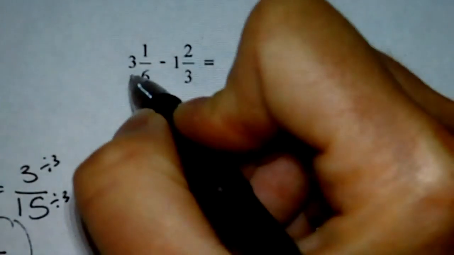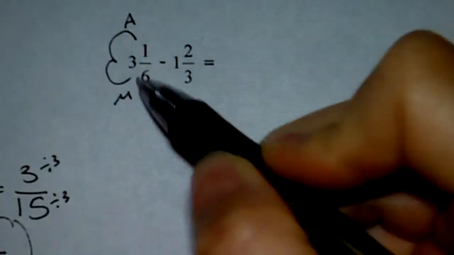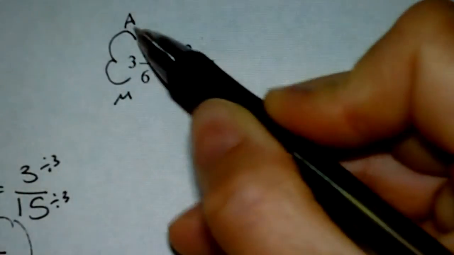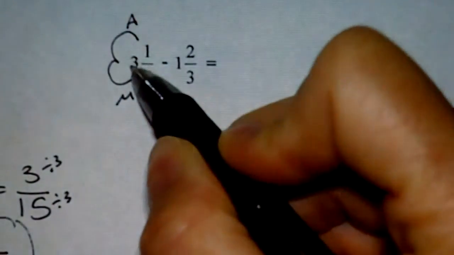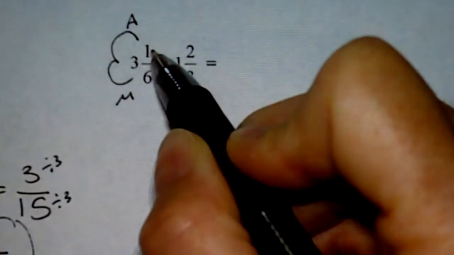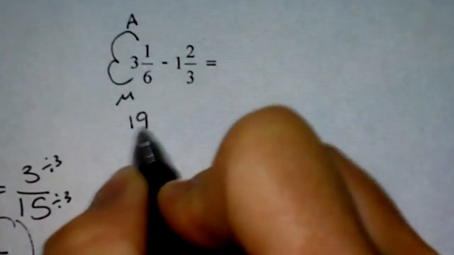To make these improper, I'm thinking last year you learned a little half cloud, MA, right? So we make our little half cloud, and this MA stands for multiply and then add. So 6 times 3 is 18, and 18 plus 1 is 19. So 3 and 1/6 is really 19/6.